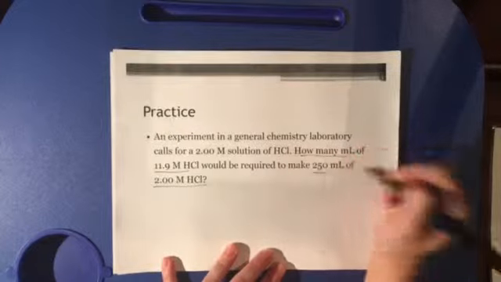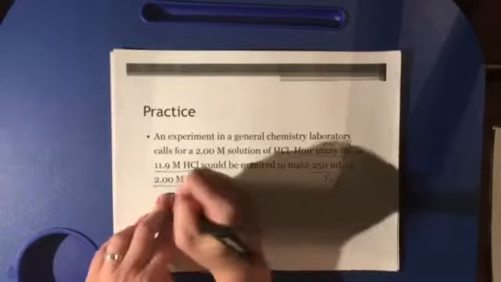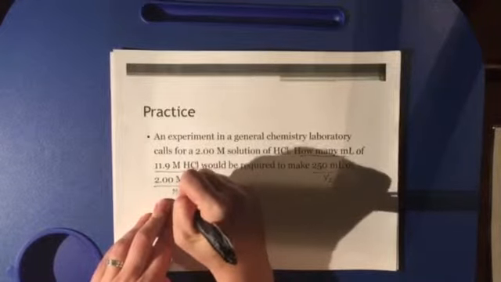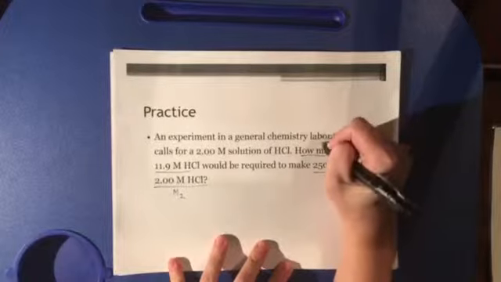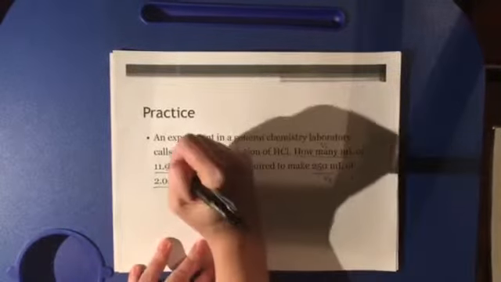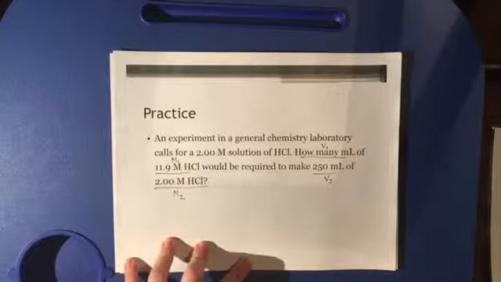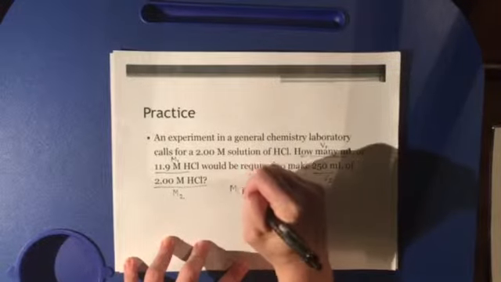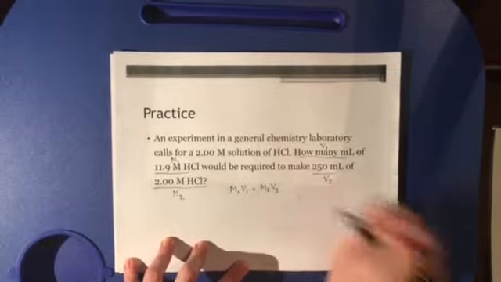And so this is what we're making, and so this is going to be our volume 2. And we're making something of this molarity, so that would be M2. How many milliliters? That would be our volume 1. And here, this would be M1. And so the equation is going to be M1 V1 equals M2 V2.